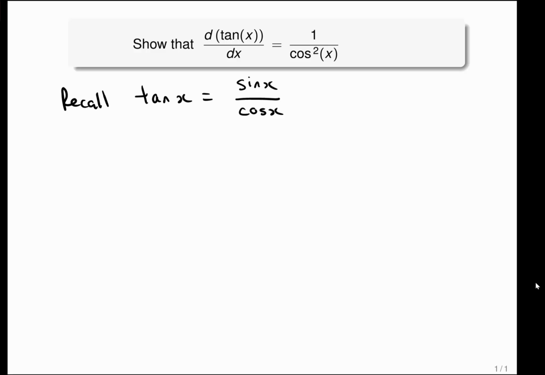Now, since sine x over cosine x is just one function divided by another, in other words, the quotient of one function and another, it is an example of what we call a quotient function. And importantly, to differentiate quotient functions, we use an important formula called the quotient rule.